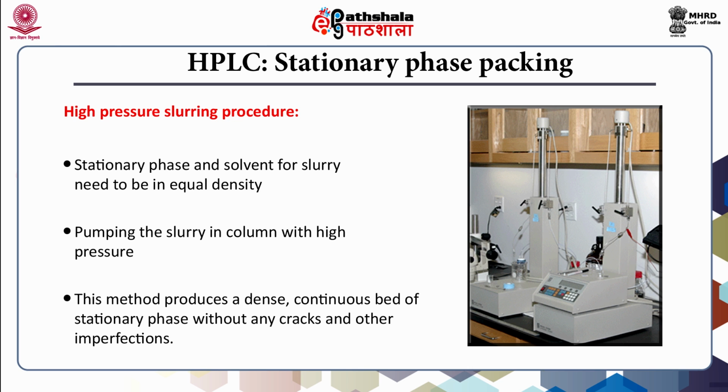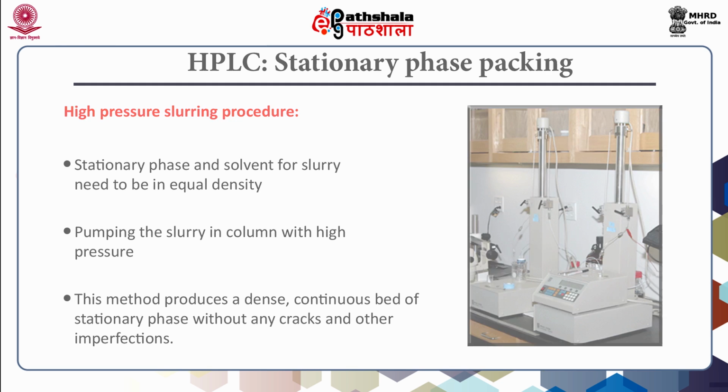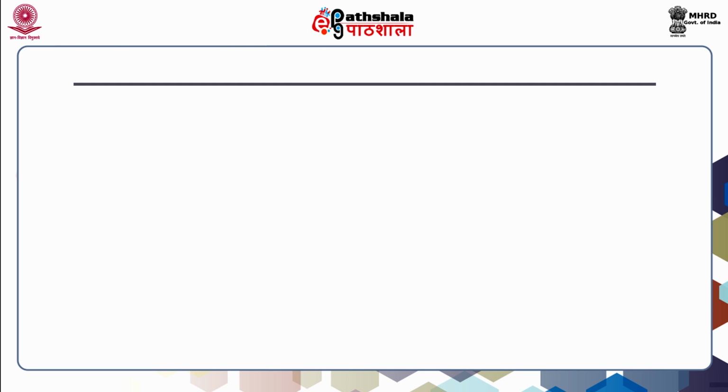The entire column should be uniform with the stationary phase particles. That is why we need to use a specific procedure, called the high pressure slurry procedure. So, that is all about the columns, the stationary phase and the mobile phase.